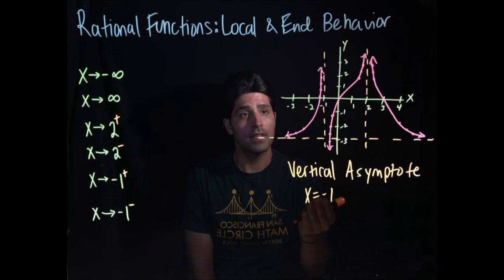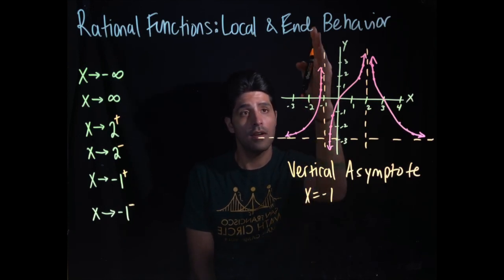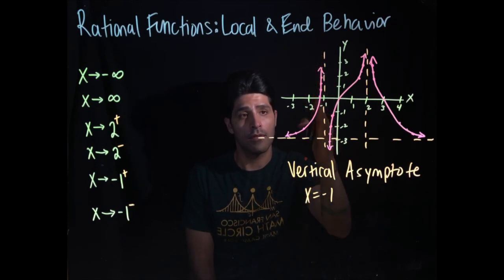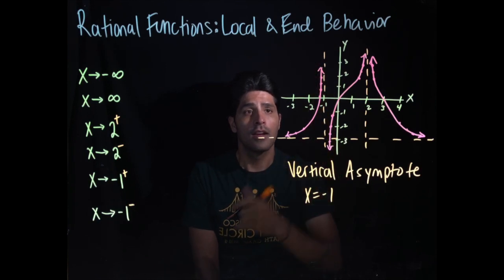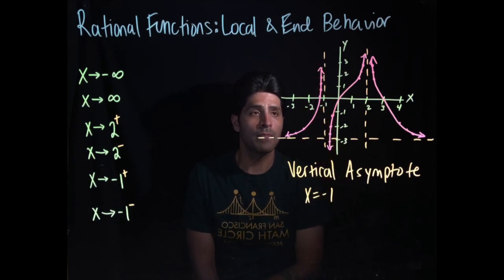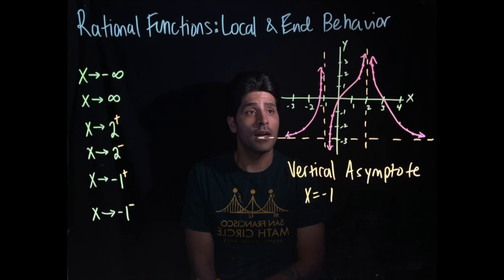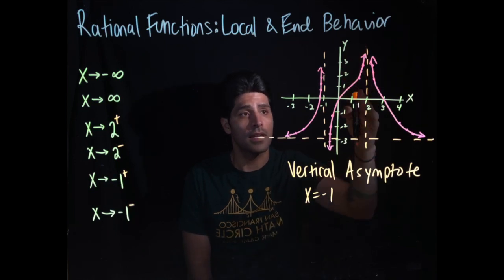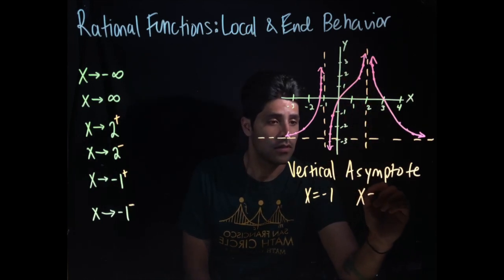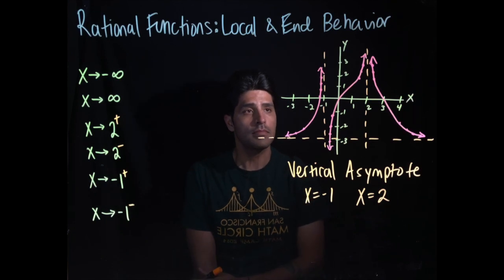If you were to put this equation on a calculator, it would give you a vertical line going up and down at -1. And the other asymptote happens at x equaling 2, so we would write x equals 2.